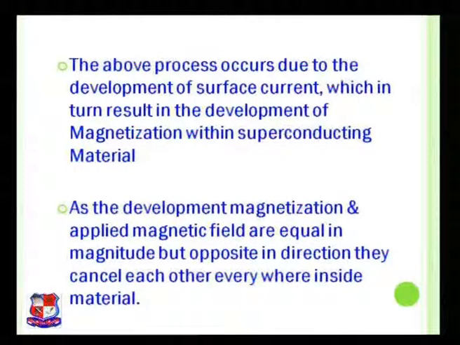Surface currents are responsible for the magnetization generated inside the superconducting material, because the material is under the critical temperature condition. The magnetization and the applied magnetic field are equal in magnitude but opposite in direction, so they cancel each other everywhere inside the material.